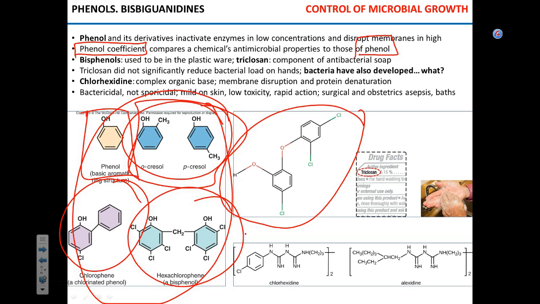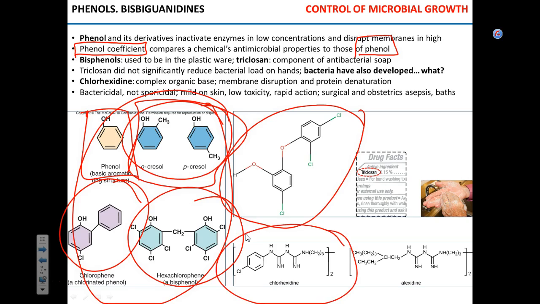This is pretty sad. And it's an official recommendation of, I don't know which agency, CDC or FDA, one of them. They recommended not to use antibacterial soaps anymore because it only leads to further development of resistance in bacteria, but doesn't provide any benefits.